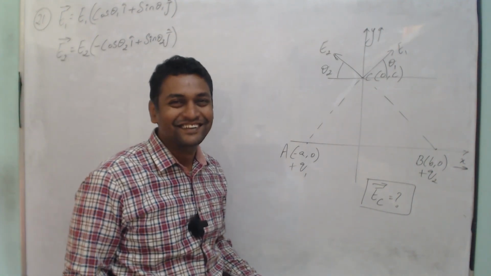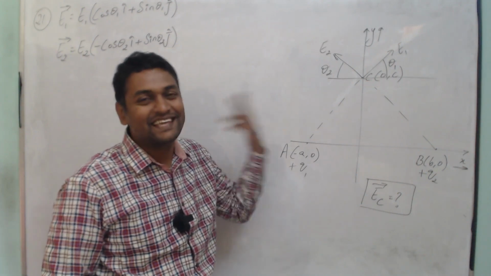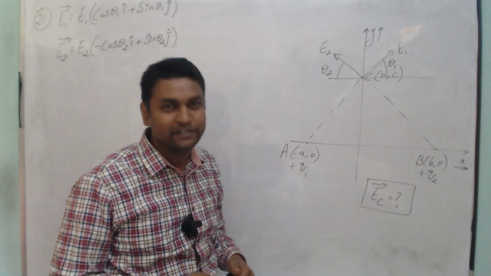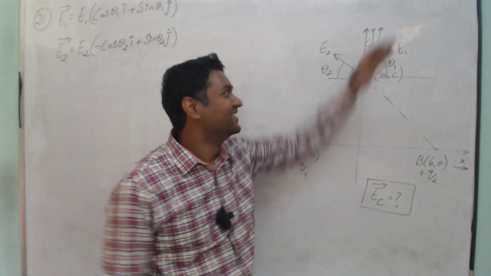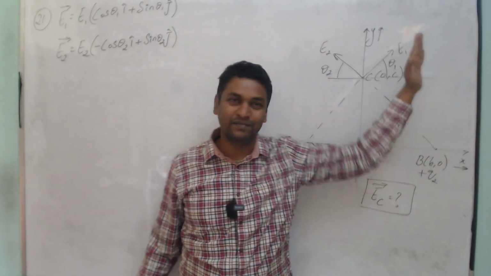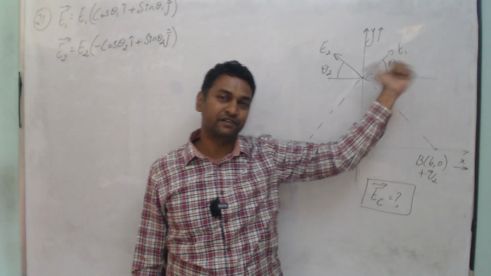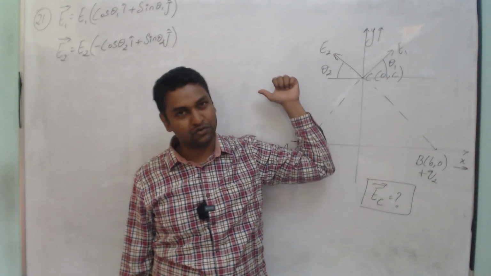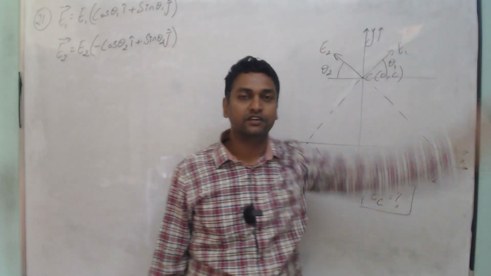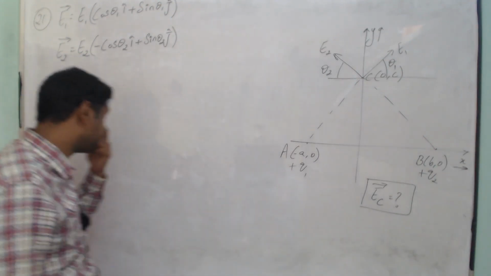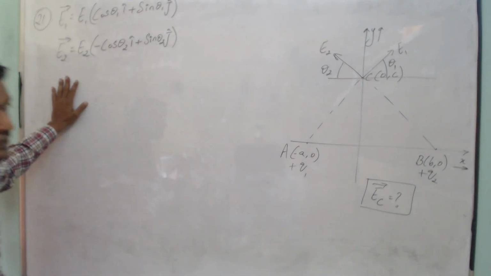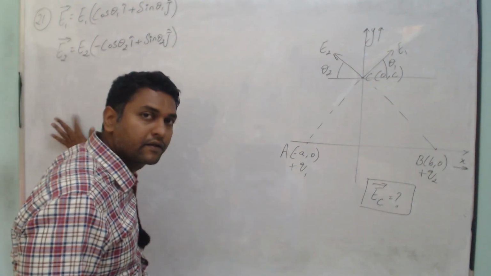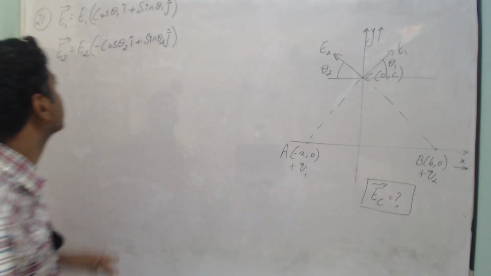We are saying that we are in electrostatics, but it's a joke. We are doing vectors. Cos theta 1 i cap plus sin theta 1 j cap. This fellow is minus cos theta 2 i cap plus sin theta 2 j cap. Clear? Magnitudes are E1 and E2. We will figure out the magnitudes later.